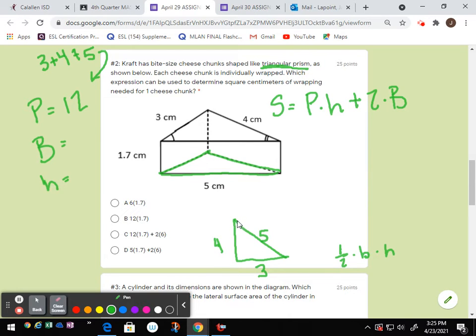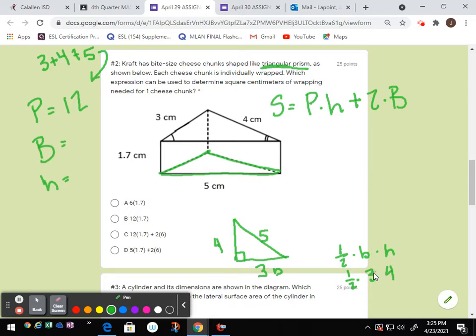Okay. So we see that we have our hypotenuse right here and our right angle here. Okay. So 5 will never be our height of our triangle. Okay. So the height is always what goes from the bottom to the top. That includes the right angle. Okay. So from the bottom to the top of just the triangle is 4. So our height is 4. And then our other length for our base is 3, so 3 is our base times 1/2.